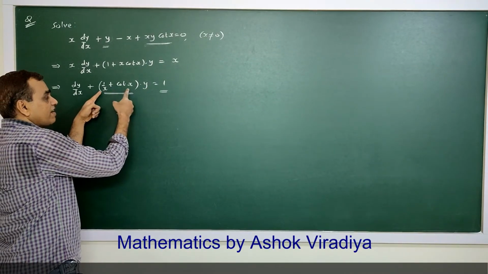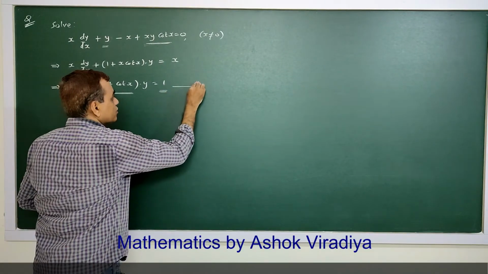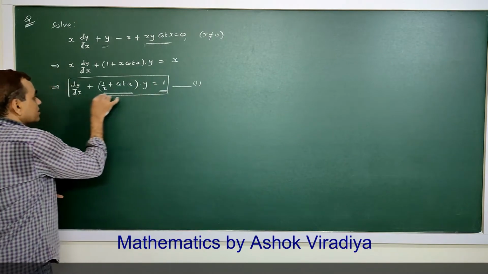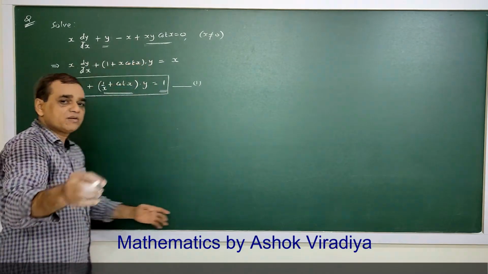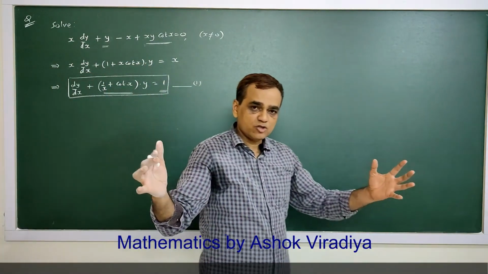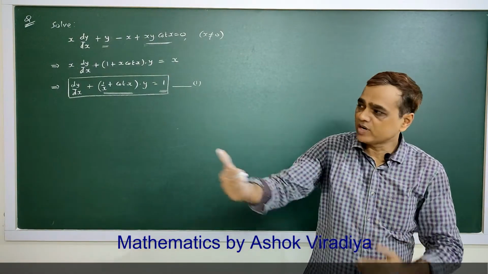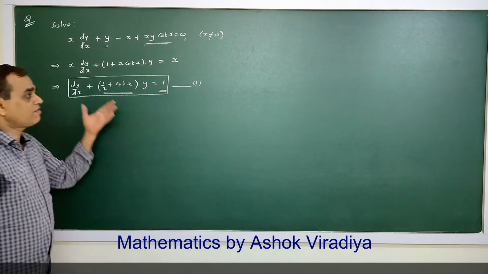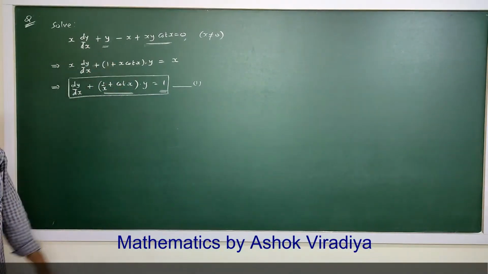This is a function of x, this is a function of x. So this is a linear differential equation. So in a given equation, if terms are scattered, join them in such a way that you can get the standard form. So this standard form was hidden in this equation.